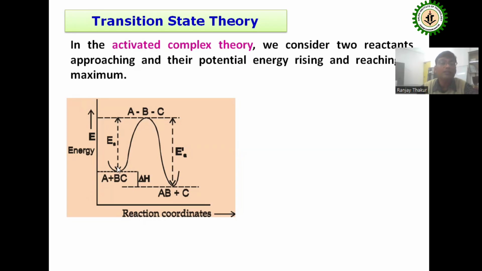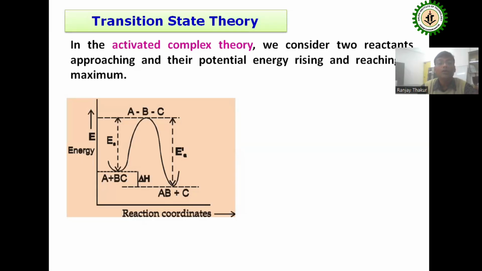So this amount of additional energy needed to cross this energy barrier is called activation energy. Activation energy is the minimum energy required, minimum energy absorbed, minimum energy supplied to cross the energy barrier. Once it crosses this energy barrier, it is converted into product.